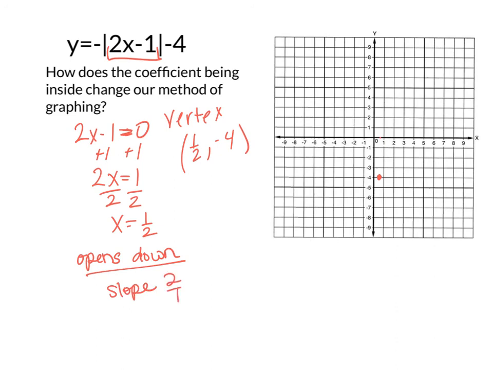So we're going to go down 2 and over 1, but from that 1/2. So when we go over 1, we need to stay in the halfway point. And there's your graph. So it's not much different, but when the coefficient is inside the absolute value, you just have to set this equation equal to 0 to get that vertex.